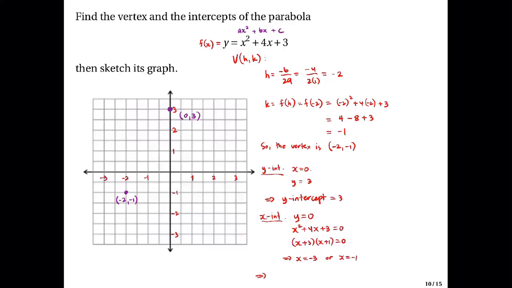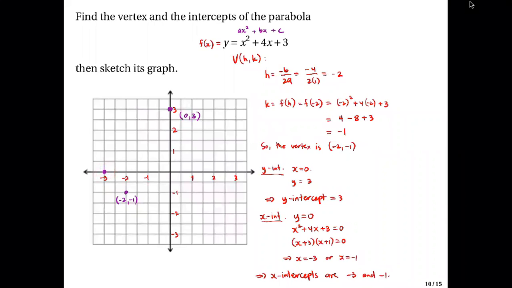So this means that the x-intercepts are negative 3 and negative 1. On the grid, for the intercept negative 3, we have the point negative 3, 0, which is in here.